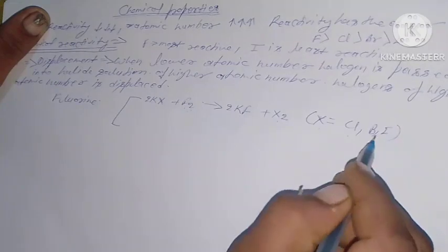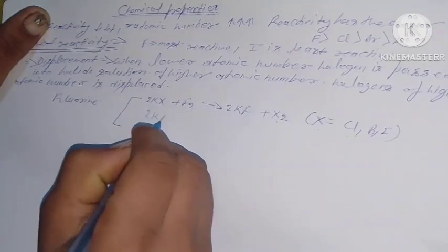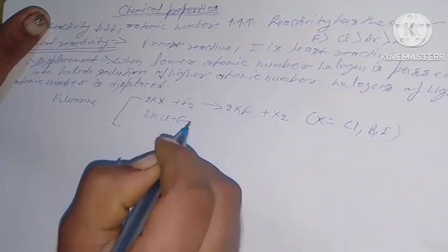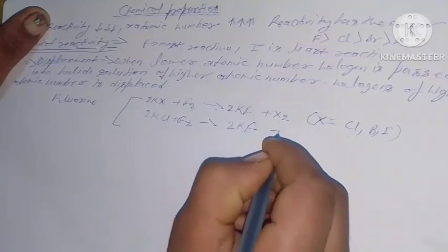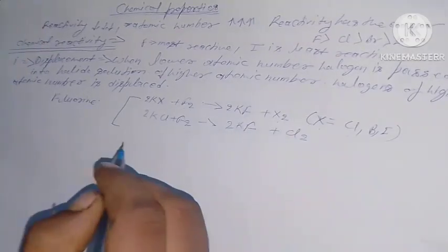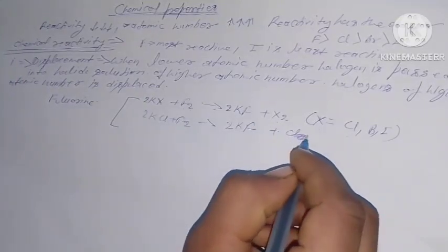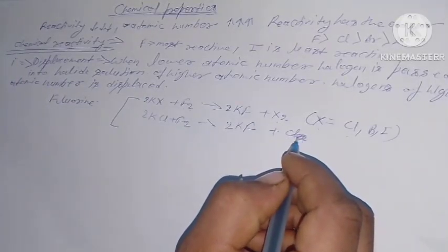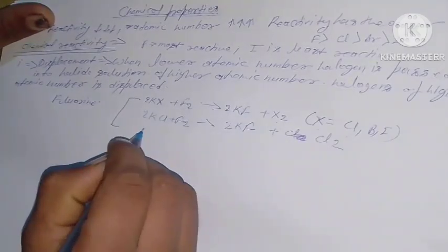As an example, 2KCl plus F2 gives 2KF plus Cl2, chlorine.